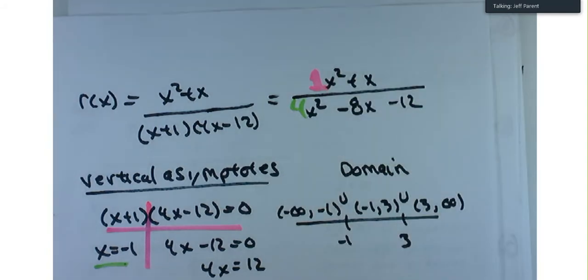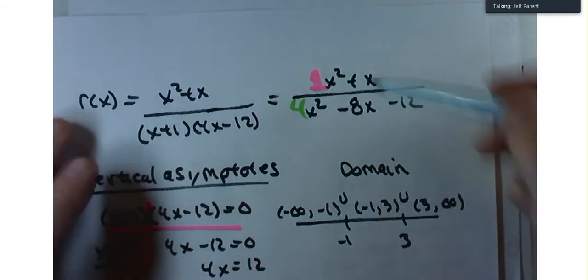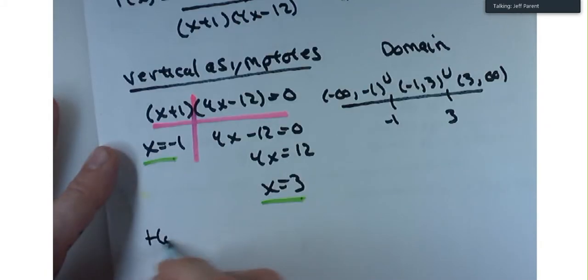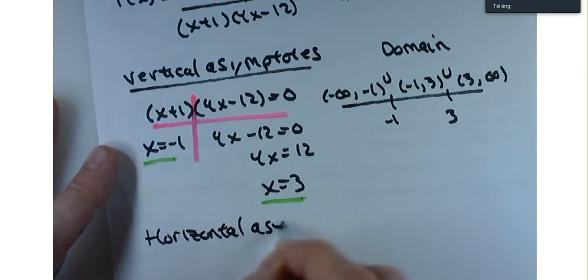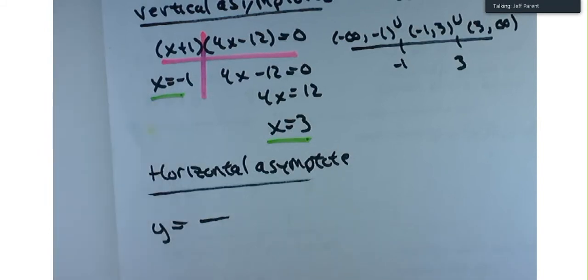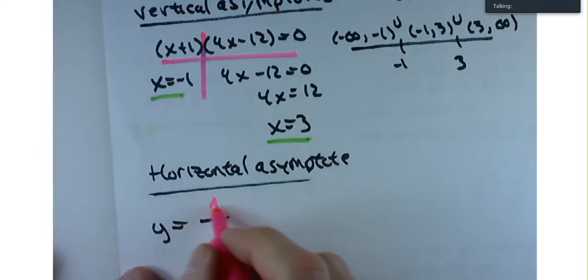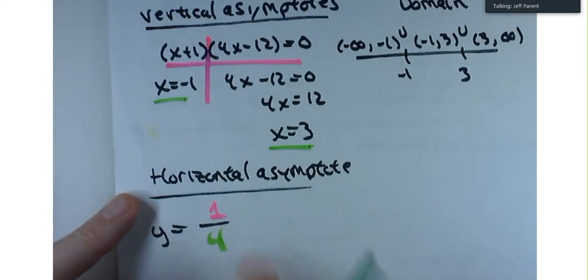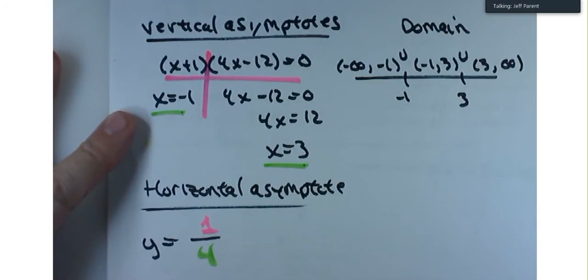Now this works because these degrees match in the numerator and denominator. Your horizontal asymptote is simply going to be y equals 1 over 4. And that 1 and 4 come exactly from these coefficients here.